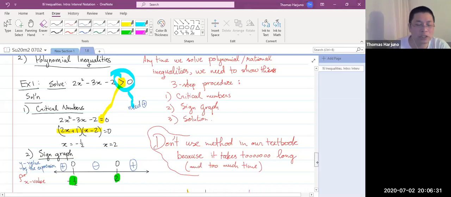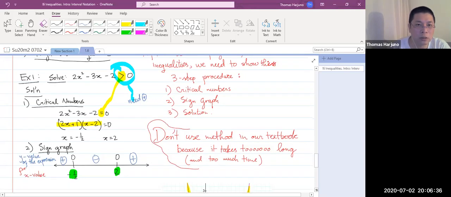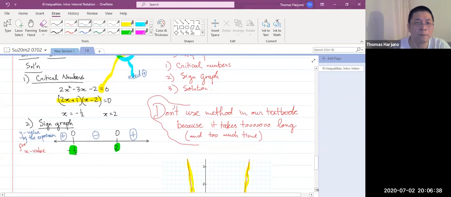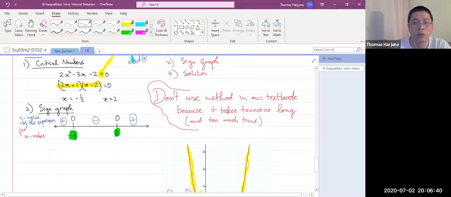Then that's why we just need the plus minus sign, because greater than 0 means it's positive in this case.